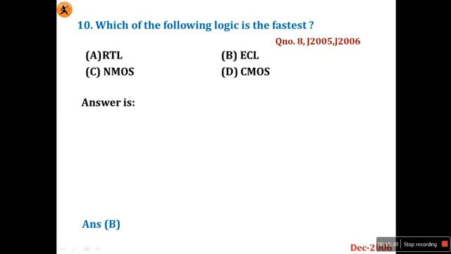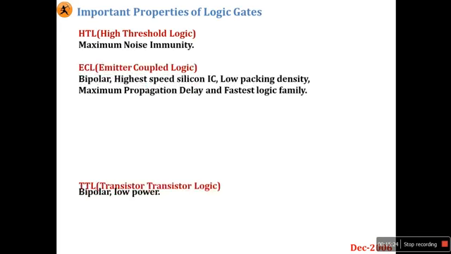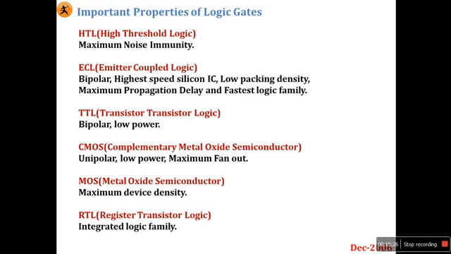It may be fastest, it may be maximum fan out, it may be power dissipation. It may ask any type of characteristic based on the logic, but you should know this list of logic gates, what is the property of HTL, what is the property of ECL, the most important properties, and just remember all these points.